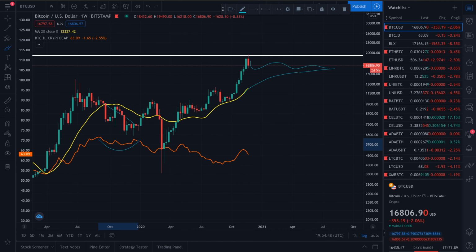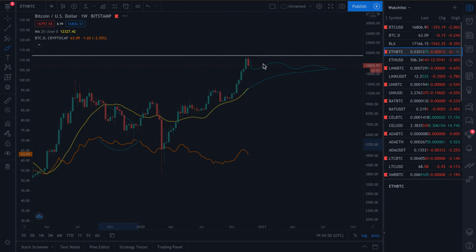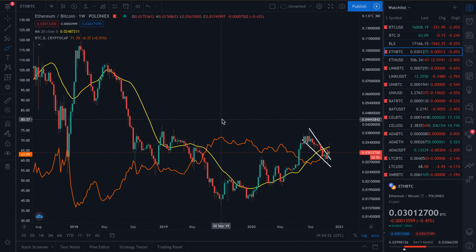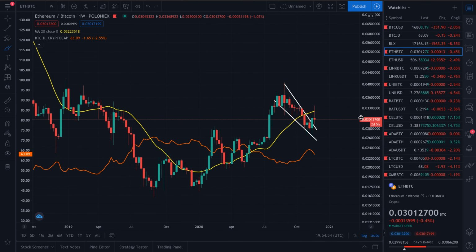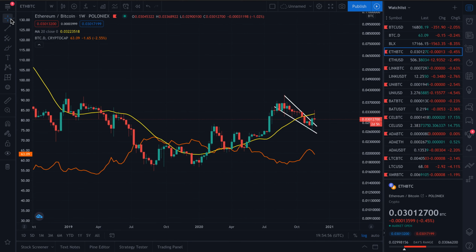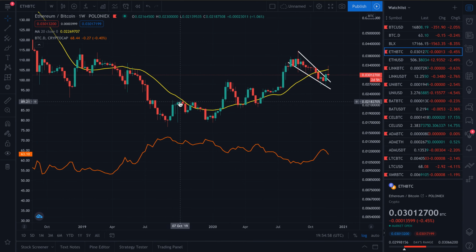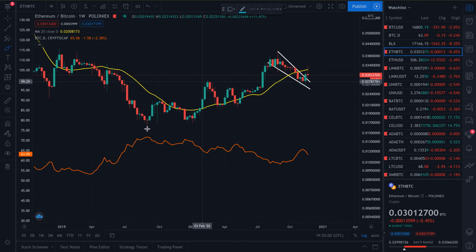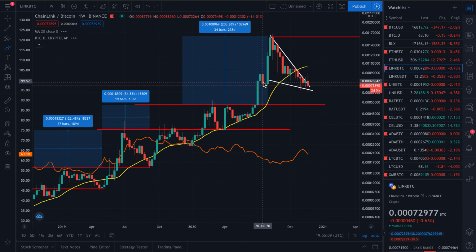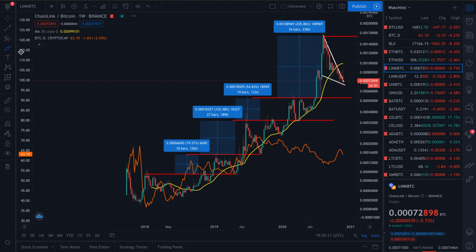When we look at that period, we can look at what Ethereum was doing, for example, and we see Ethereum move up compared to Bitcoin dominance moving down and dipping. Chainlink is another you can do this with too.